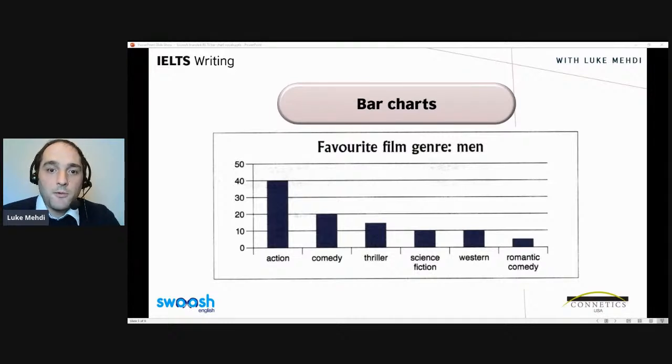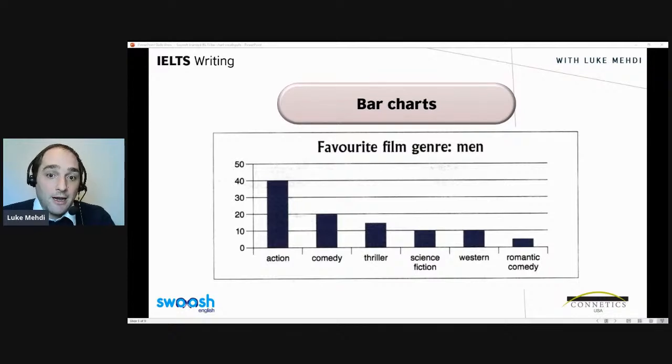What data is probably going to be important here? Well, as you can see, there is a clear maximum. So action films or action movies, think of some of the different ways you could say that. Films, movies, quite a good way to avoid repeating vocabulary. Action films is our clear maximum, and as we can see, it's twice as high as anything else.